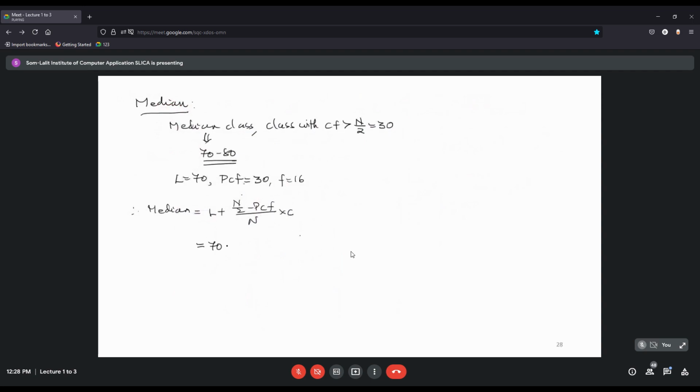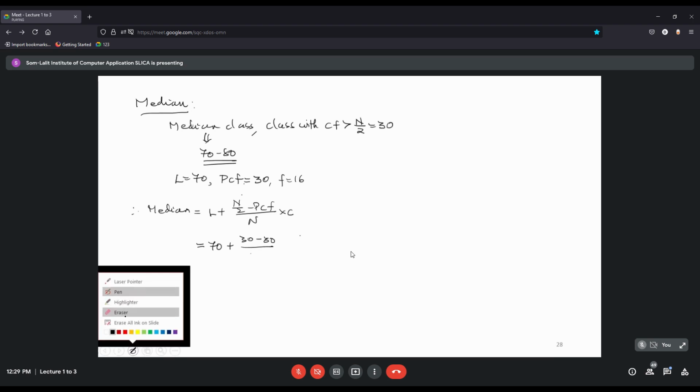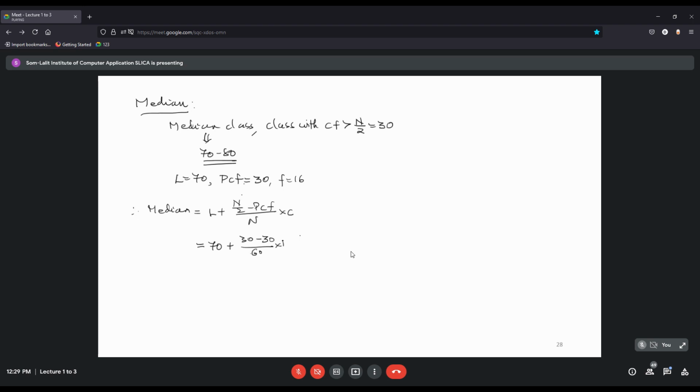Which is 70. This is 30 minus PCF, which is again 30, preceding cumulative frequency. So this is 30 again, upon F, whatever it is, but this would be 0. So here, this is 60, but anyway, this is not important now because this is 0. So median is just 70.